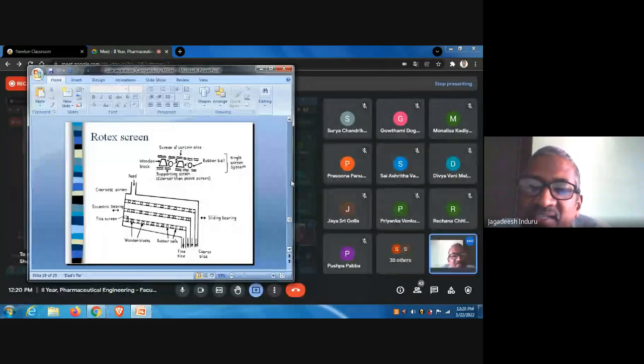There is no need to be artistic. Just remember that you need to put in all the construction parts, and the diagram should be good to see. It should not look like an anaconda, like a snake. Somebody draws this particular one like a snake. It is very scary for the examiner to correct. Don't do that.